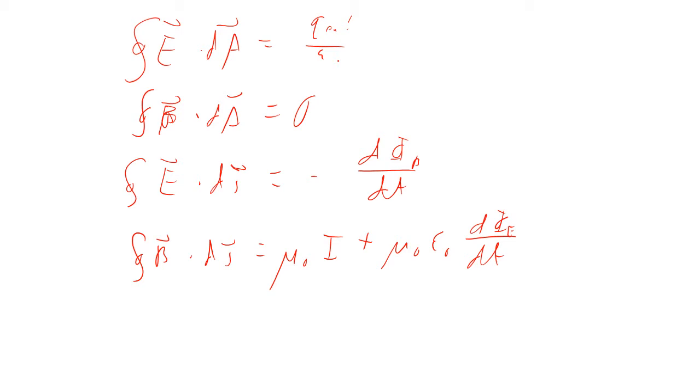Now that's in general, but what about in a vacuum? In a vacuum, there's no enclosed charge and no current. So in a vacuum, Maxwell's equations: integral E dot dA is 0 because there's no charge. Integral B dot dA is still 0.